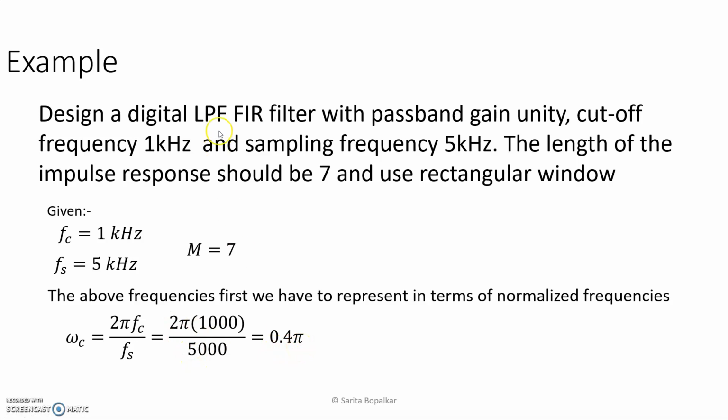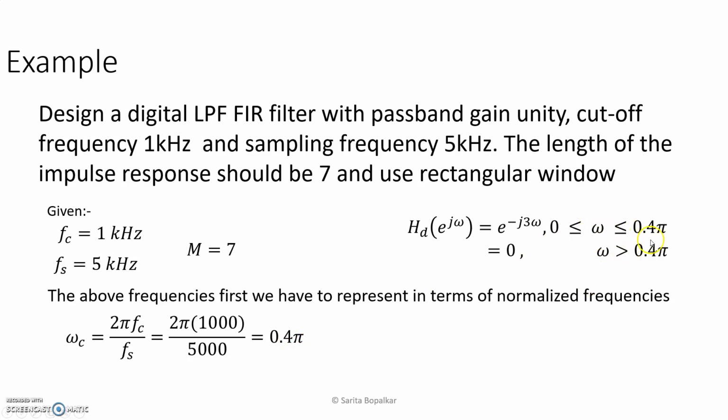At this point, we can write the mathematical expression for the given low pass filter with its desired frequency specification. It is Hd(e^jω) equal to e^(−j(m−1)/2 ω). M is 7, so (7 minus 1) by 2 is 3, giving 3 omega. For the frequency range, it is a low pass filter and its cutoff frequency in normalized form is 0.4 pi.